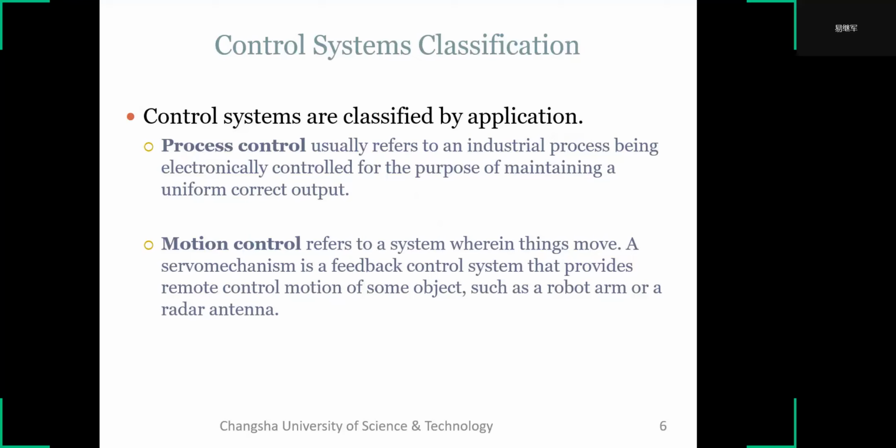Control systems classification. Control systems are classified by application. Process control usually refers to an industrial process being electronically controlled for the purpose of maintaining uniform correct output.